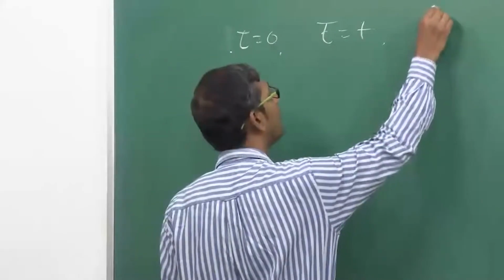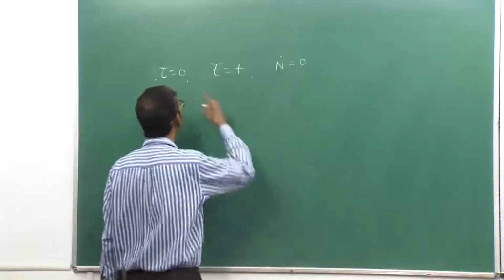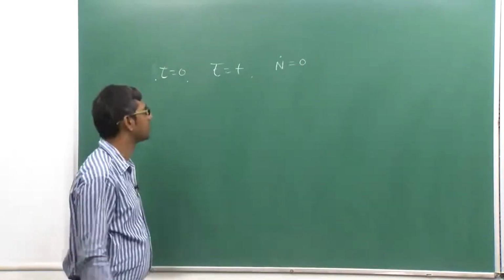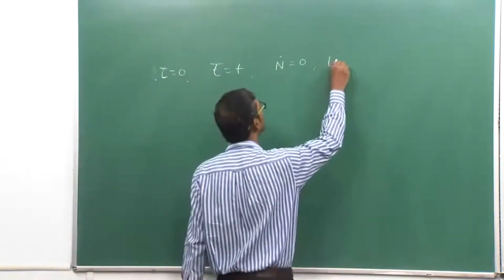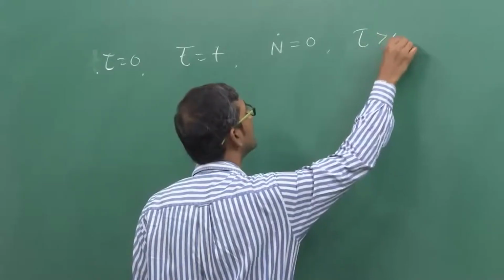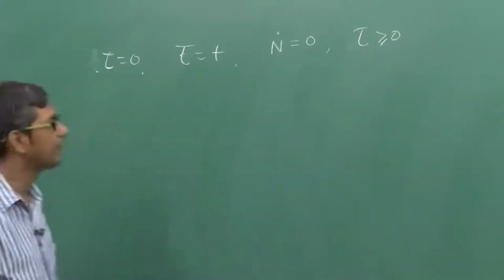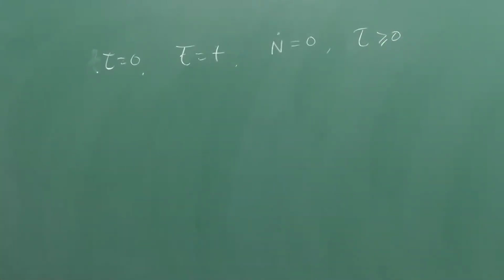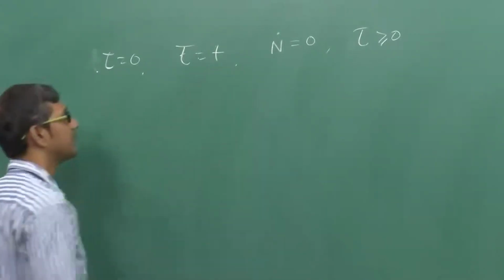So, that means N dot is basically 0 after the time tau equal to 0, obviously, because the nucleation events which were there, the nucleating nuclei, are already present and are not changing anymore. So, it is a completely growth-controlled phenomenon.